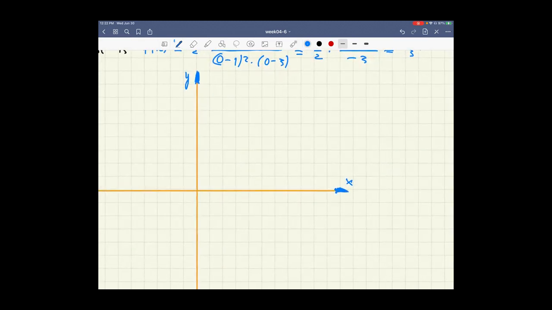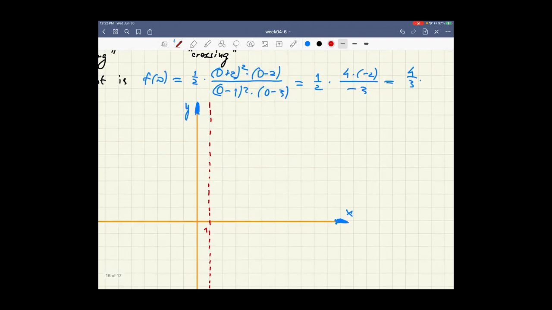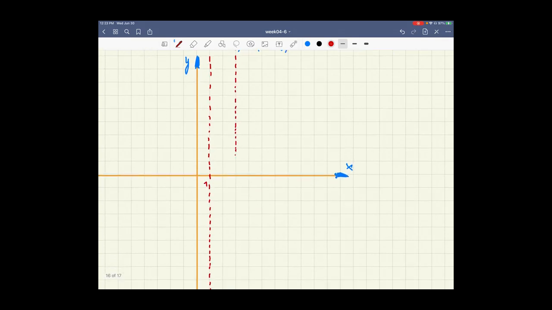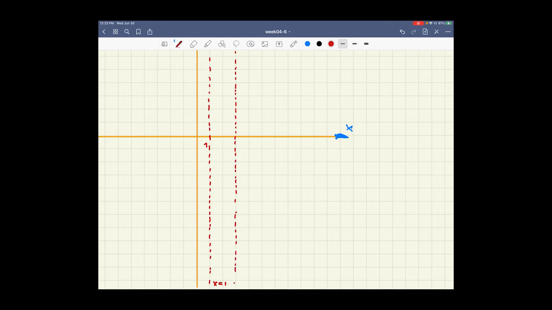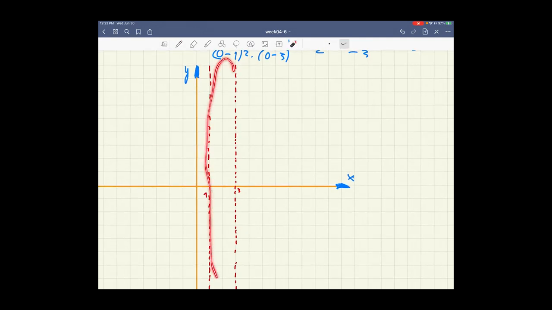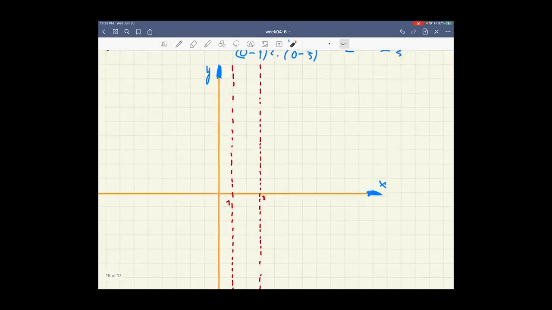Vertical asymptotes at 1 and 3. How does our function behave in between the asymptotes? Well, first of all, note that there will be a root at 2.